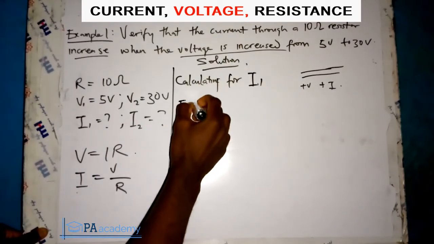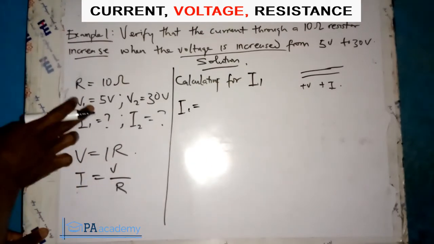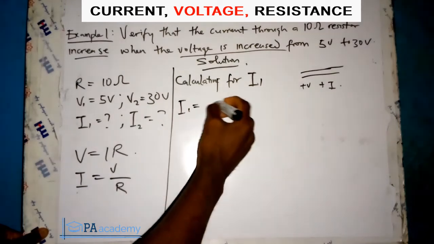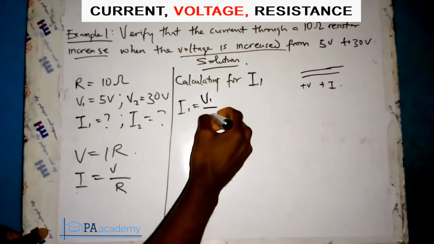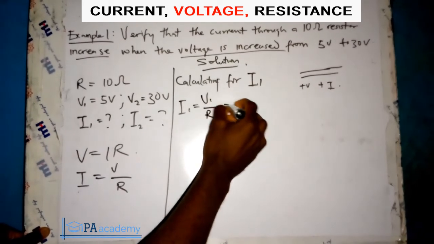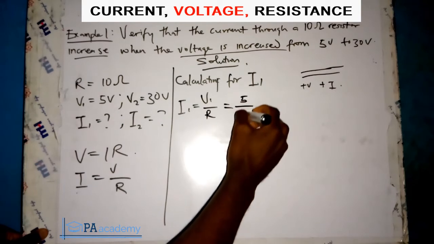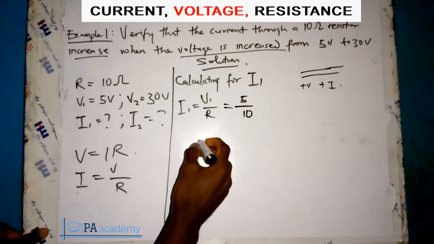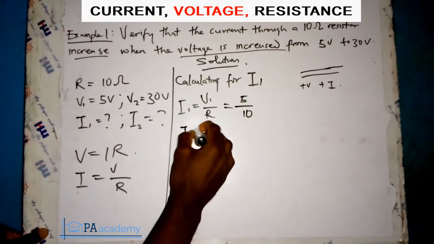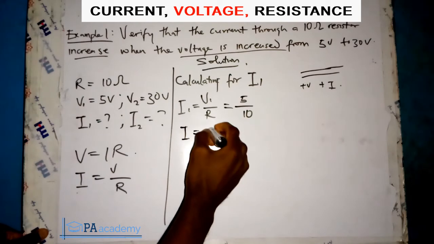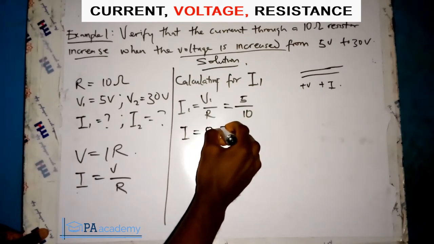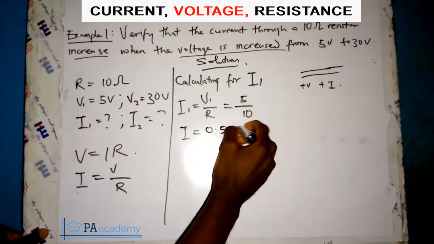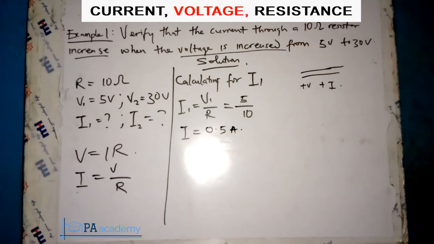Our I1, which is the current when the voltage is at 5 volts, equals V1 over R, that is 5 over 10. So our I1 equals 0.5 amperes.